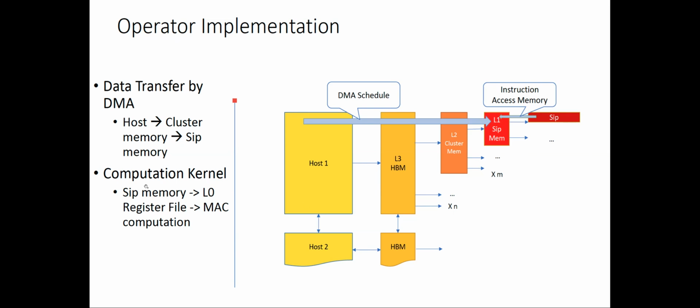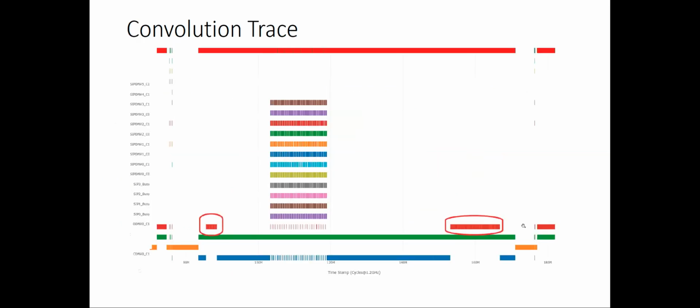And the computation kernel is responsible for bringing the data from the L0 register files to the MAC computation units. So with the DMA bringing the data from the host memory to the L1 memory, and with the SIP, or the computation kernel, reading the data from L1 to L0, we can finish the whole operator computation.